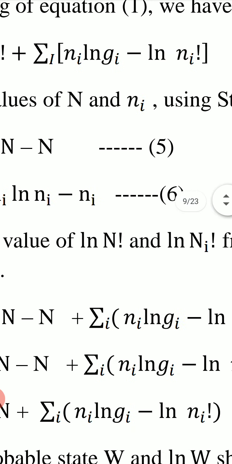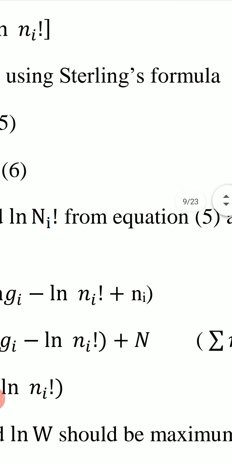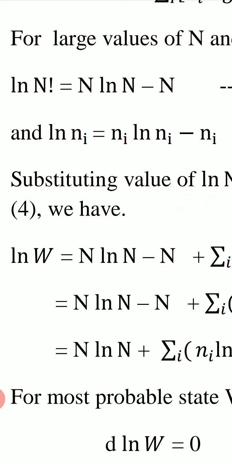For large values of capital N and ni, using Stirling's formula, log factorial N equal to N log N minus N. Similarly, log factorial ni will be equal to ni log ni minus ni.